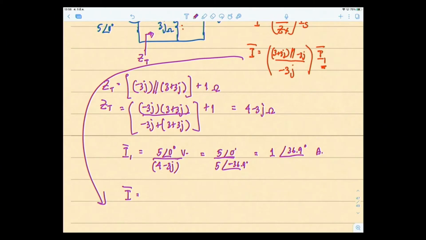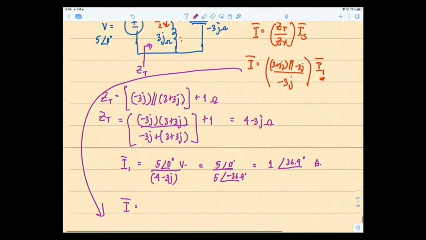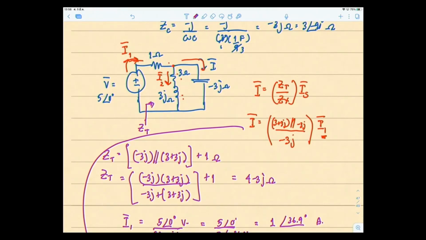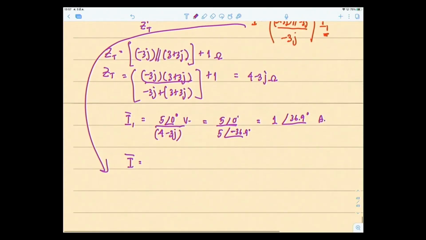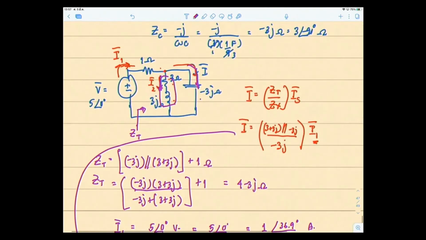And of course, if you remember, the shortcut formula that I have been talking about is when your current is divided into only two branches, like in this case, this branch and this branch, you can try to mentally remember the shortcut formula. So if I want this current I passing through this minus 3J, I take the impedance for the other branch, put it up, so it'll be 3 plus 3J divided by the sum of the elements in the two branches and how they're connected.